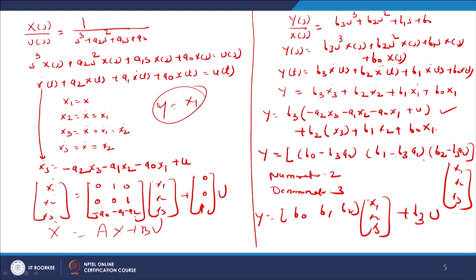That is the difference between a strictly proper and a proper transfer function. As far as performance is concerned, we cannot get the desired performance if the given system is a proper transfer function. We always prefer a strictly proper transfer function.